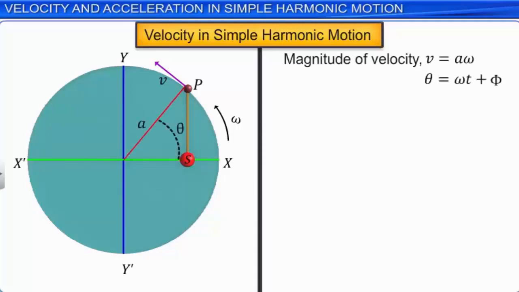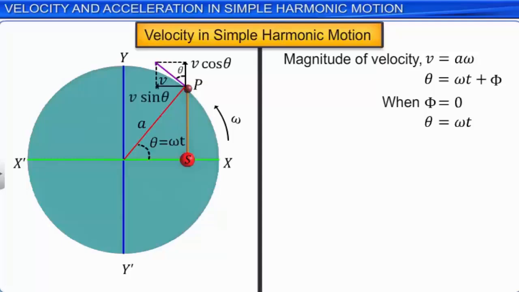For simplicity, if we assume the initial phase phi is equal to 0, then the two components of velocity v are v cos theta and v sin theta respectively, in the directions shown.